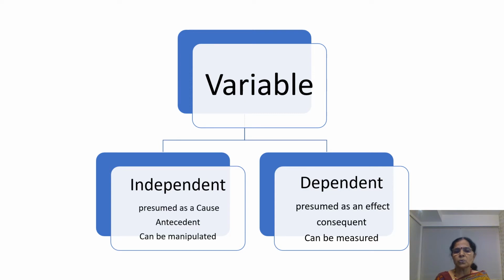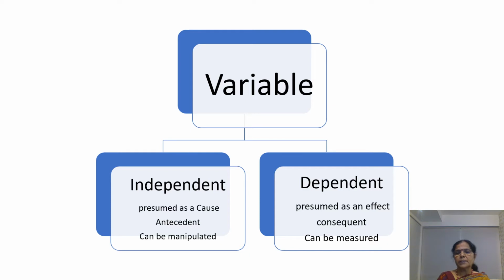We can also talk of independent variable as antecedent which affects and dependent variable as consequent which gets affected. Also, we can talk of IV or independent variable as a stimulus and DV dependent variable as a response.